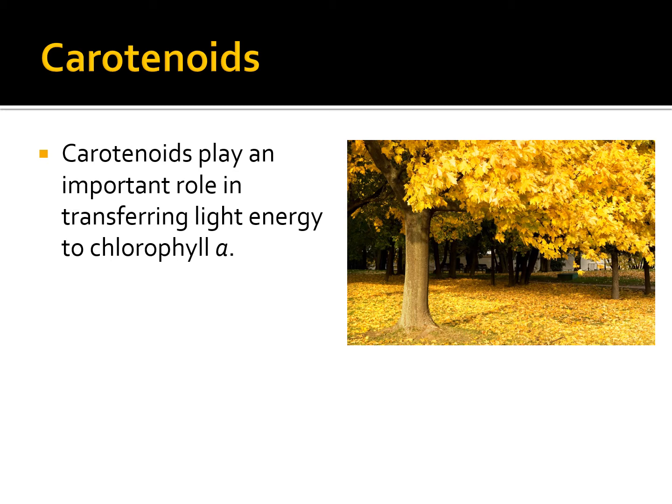You see a lot of yellow in the leaf. So the yellow is from the xanthophyll pigments in that leaf. So why are carotenoids important? Well, they play a role in transferring light energy to chlorophyll A, which is the principal type of chlorophyll that's used in photosynthesis. So other pigments can also absorb light, transfer that light energy to chlorophyll A to help the photosynthetic process move along.